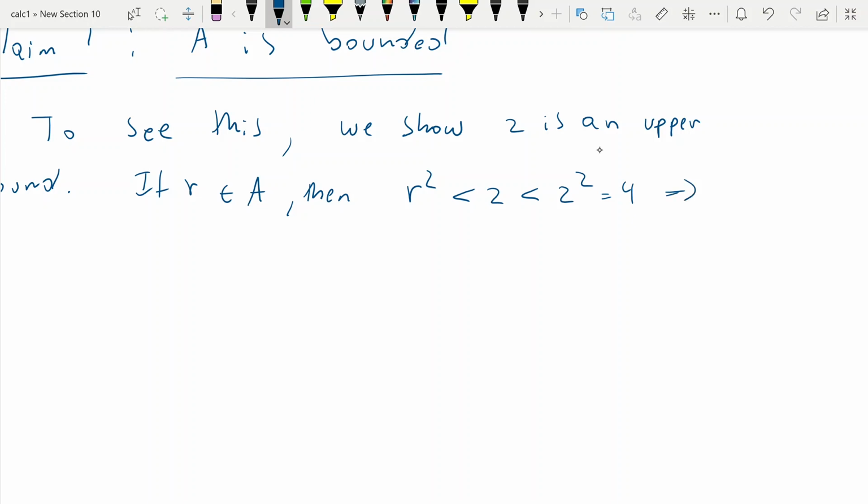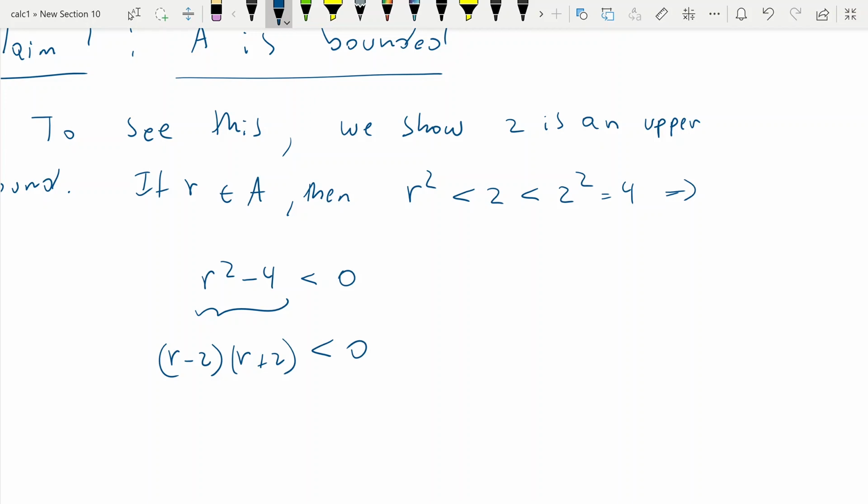And this implies that r squared minus 4 is less than 0. So now we check that this is exactly equal to r minus 2 times r plus 2. So this product is less than 0.